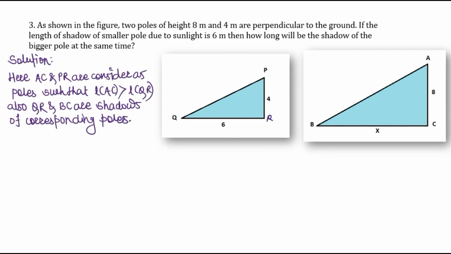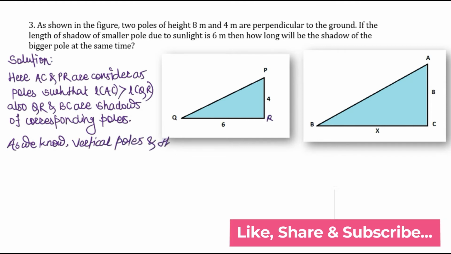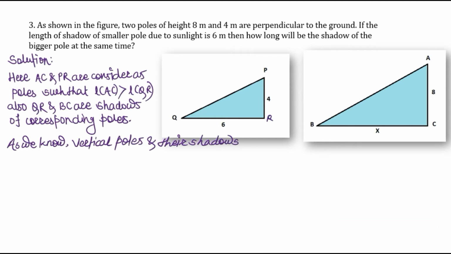As we know, vertical poles and their shadows form similar triangles. Hence we can say that triangle PQR is similar to triangle ACB.